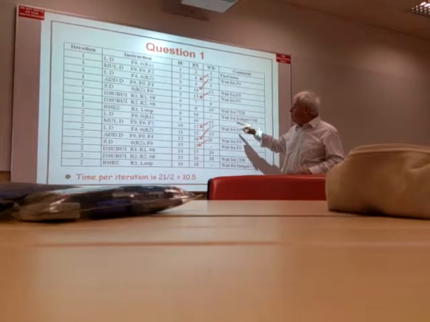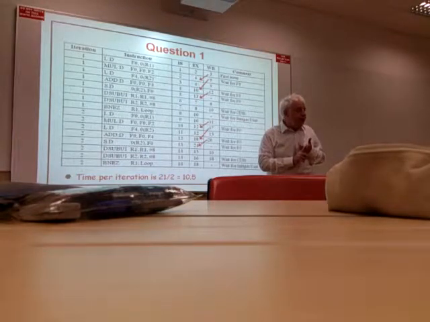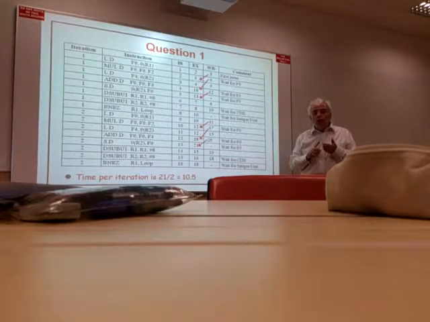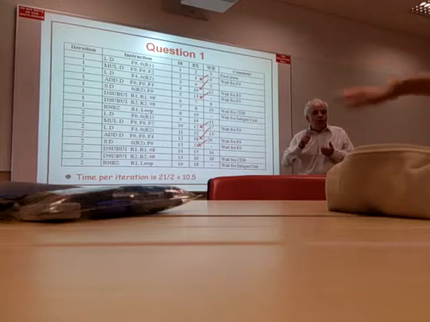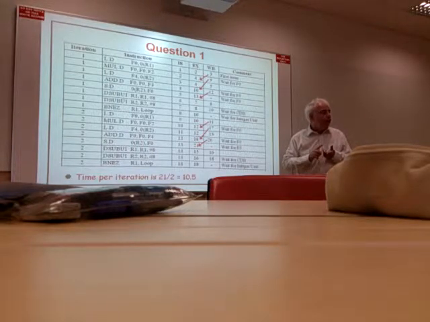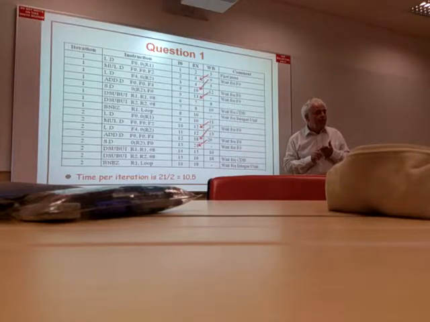You also need to take into account whether the function unit is busy. So you have to wait for data dependencies, you have to wait if the function unit is busy, and you have to wait if the common data bus is busy. So you have to take all of these into consideration.